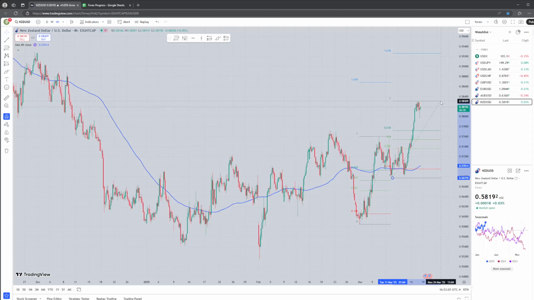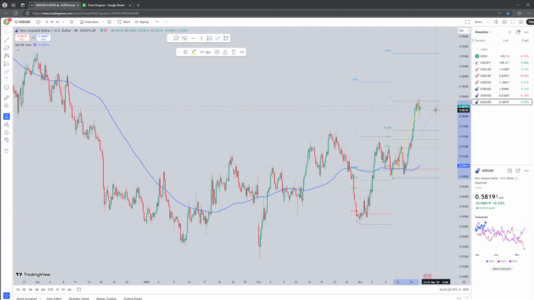New Zealand dollar USD. So here we have the market behaving consistently above the blue moving average line. Trend is up, USD is getting weak against New Zealand dollar, right? So we have up leg retracement, up leg. So we have the latest up leg like this.